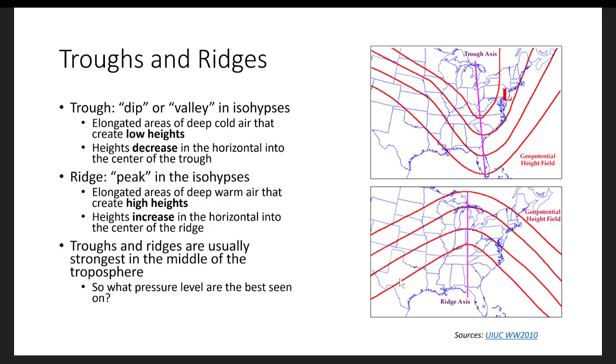I'm going to continue looking at 300 millibars for ridges and troughs, and I think I will make a video about weather maps and looking at them so we can really see it for ourselves. But yeah, you can see ridges and troughs on both. Once you get closer to the surface, you can't see the ridges and troughs anymore. But in the upper atmosphere, you definitely can see these features.